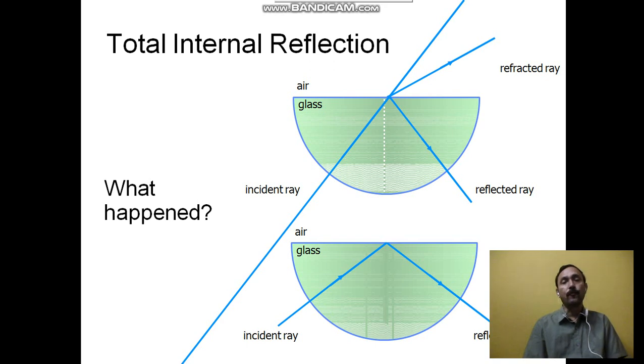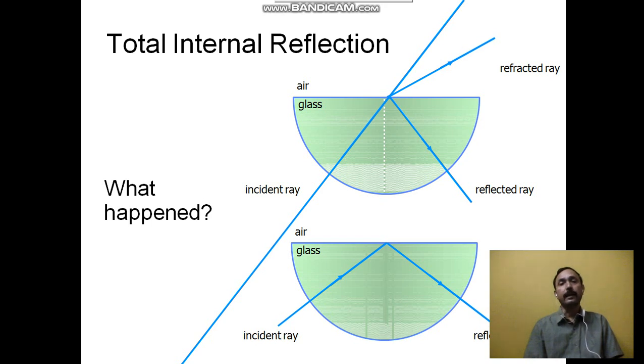In total internal reflection, if we recapitulate the definition, we stated it in our previous video as: when light comes from a denser medium towards a rarer medium, the refracted ray bends away from the normal.